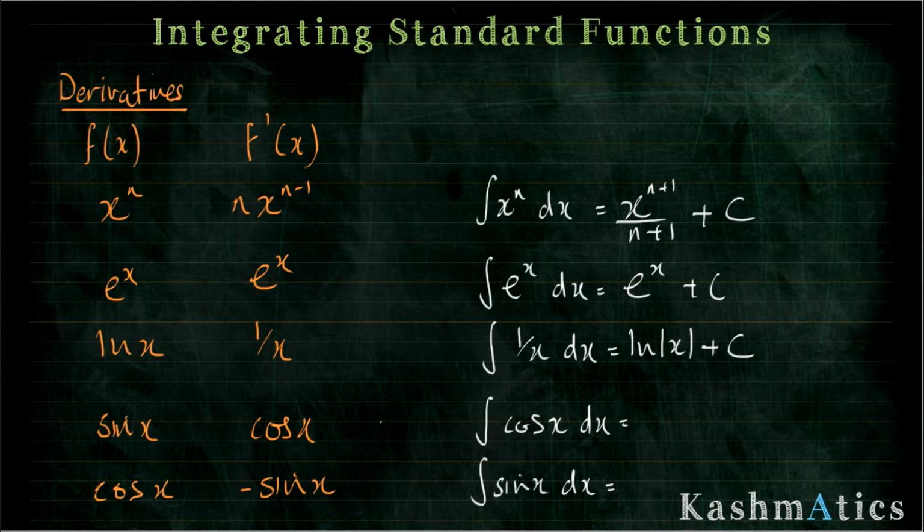Now this one I've got to be careful with. Sine x becomes cos x, so cos x becomes sine x, so that would be sine x plus c. And the last one, cos x becomes minus sine x, so the sign changes for this one. So when I do sine x, I'll have to change the sign when I go backwards to make minus cos x plus c.